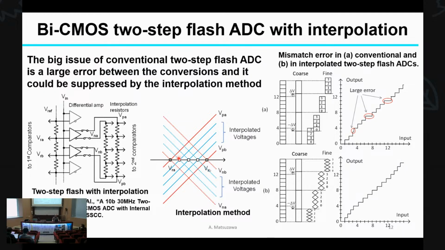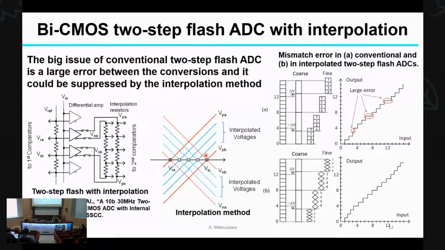So we created this interpolation method. The interpolation method selects the two signals and amplifies them. So this is the output of the amplifier. So this is the resistor. The resistor divides the voltage between them. So this forms the intermediate voltage.